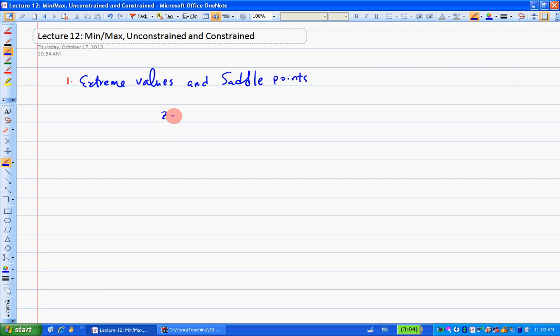If I have a function of two variables, then I can sketch that. We know that's a surface. So the surface may look like this, a kind of surface we're looking at here.